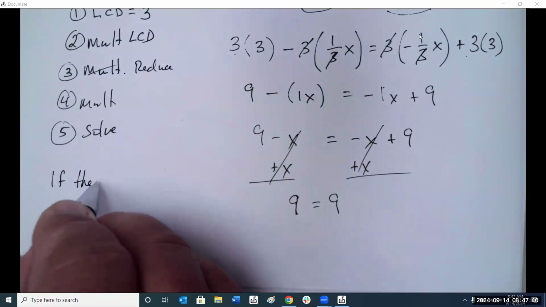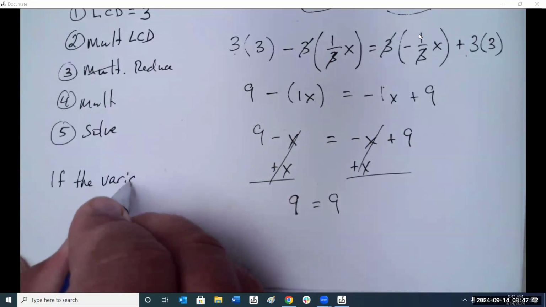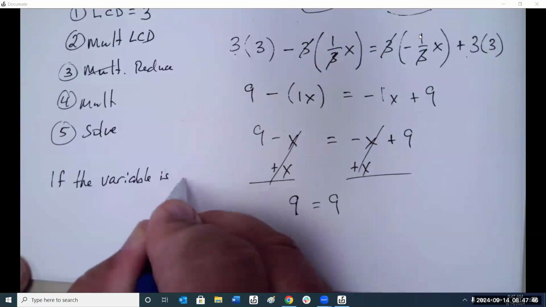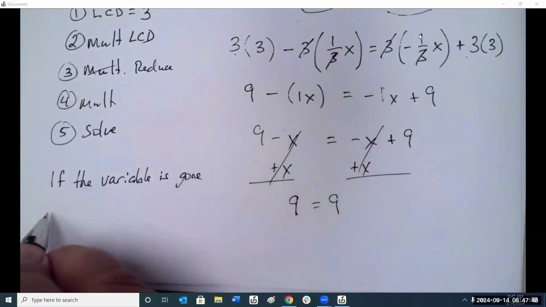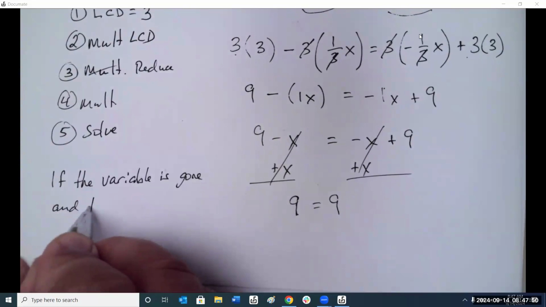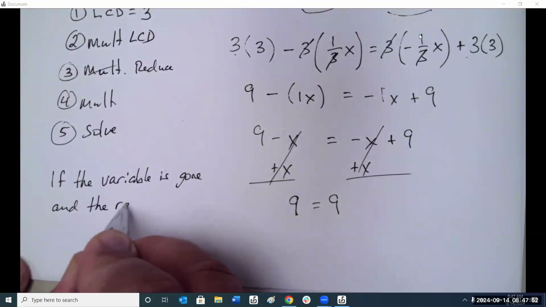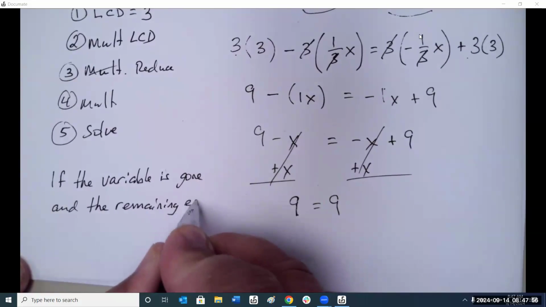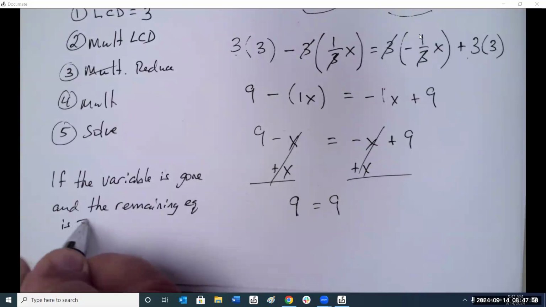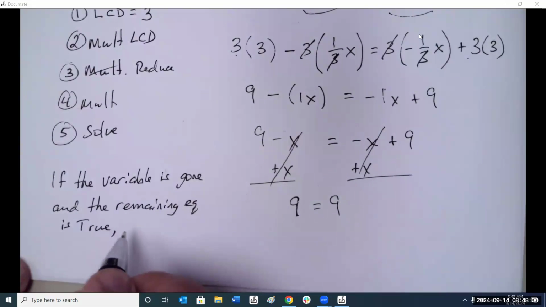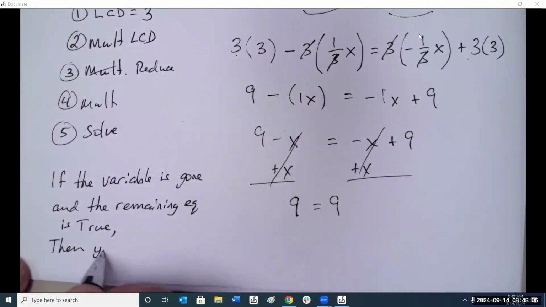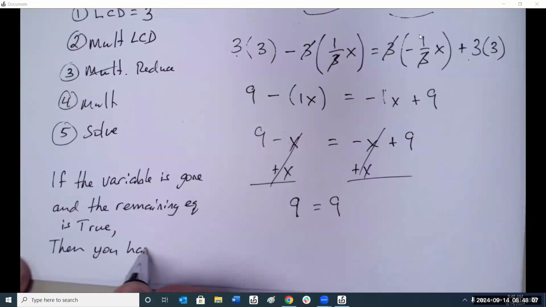So if the variable is gone, and the remaining equation is true, then you have infinitely many solutions.